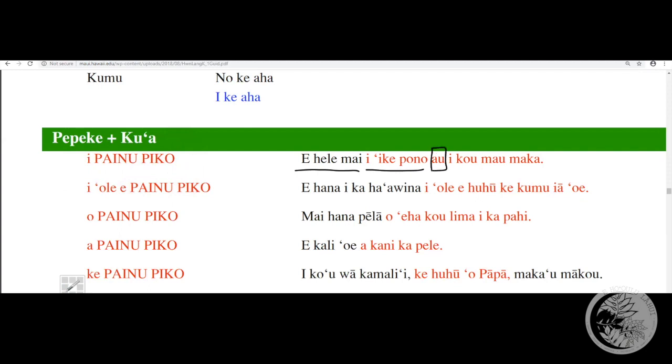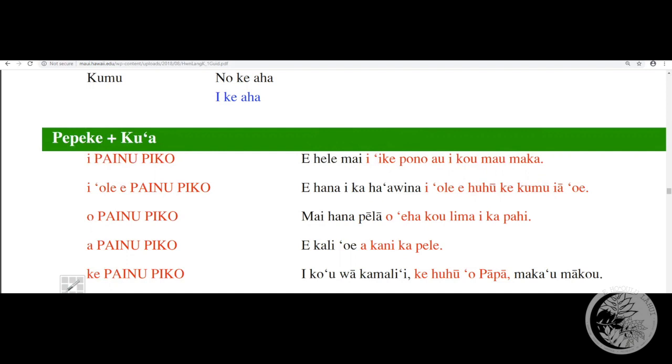I. So that I see. What am I going to see? Your face or your eyes. I should say your eyes here. Yeah? Come. Come closer. Come towards me. E hele mai. I ike pono wau. So that, in order to, as a way to, see correctly your eyes. Yeah, and that's what we call a Kuʻa.